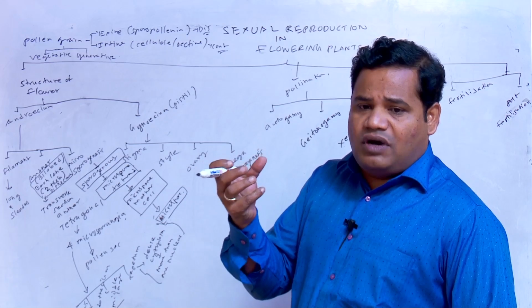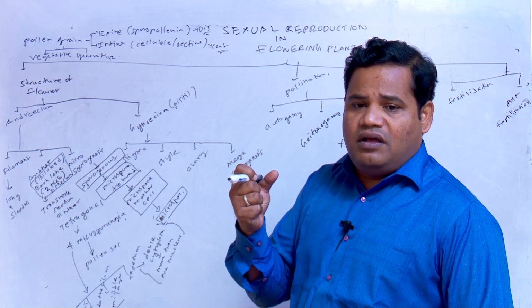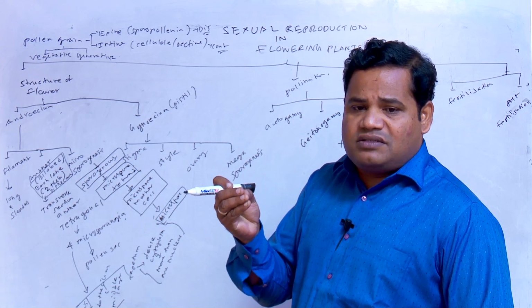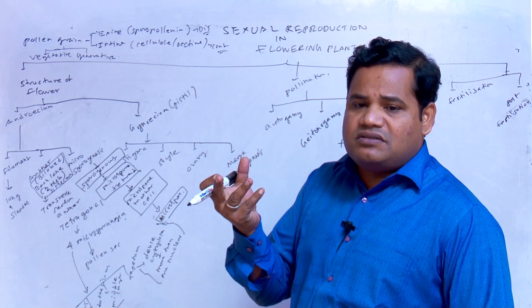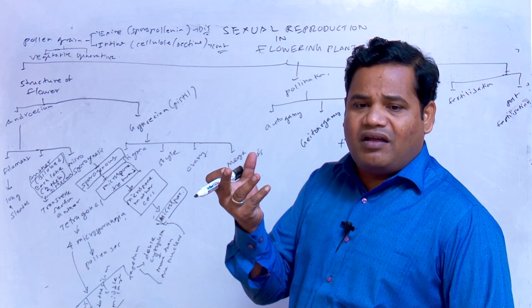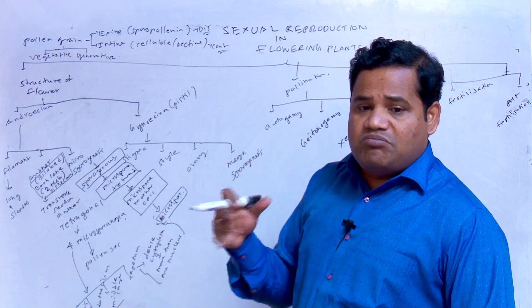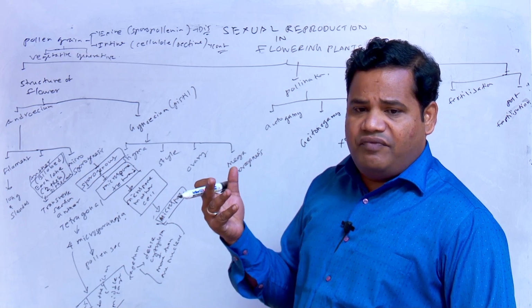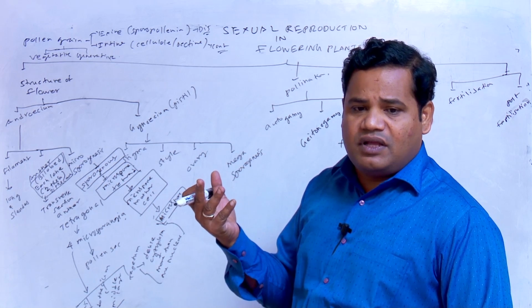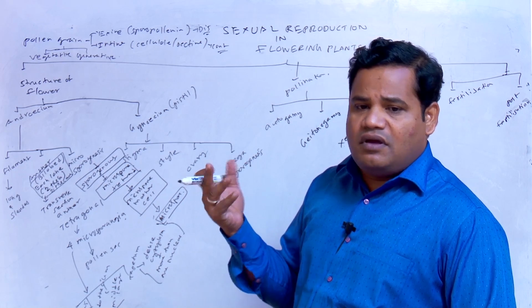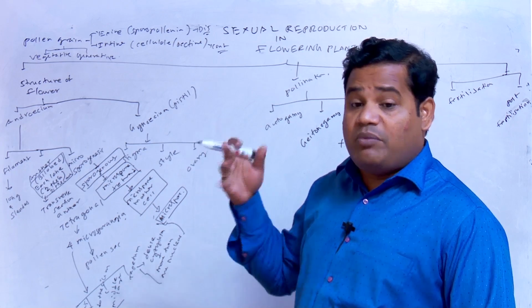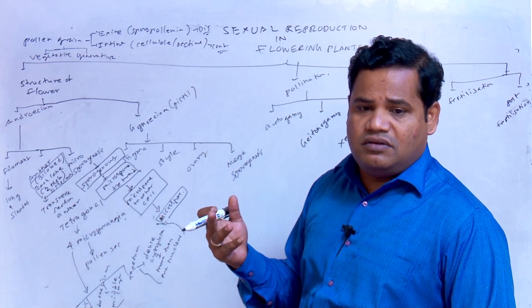Some pollen grains have a viability of only 30 minutes, for example rice, wheat, etc. Some members, normally Leguminosae, Rosaceae, Solanaceae, have viability of more than a month.